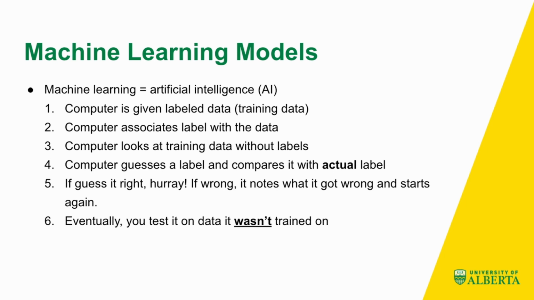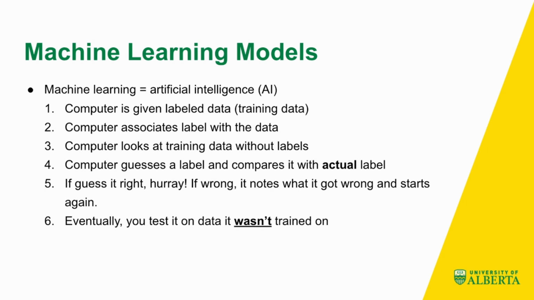The easiest way to think about how machine learning works is to think of it as a combination of labels and data. The first step is that a computer is given labeled data that has a description of what it is. We call this the training data. In step 2, the computer associates the label with some underlying structure in the data.